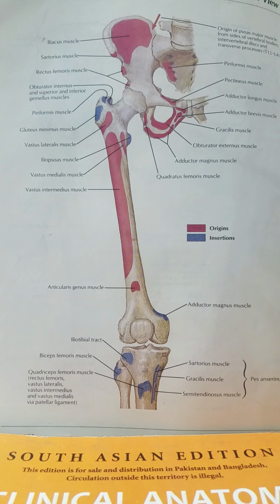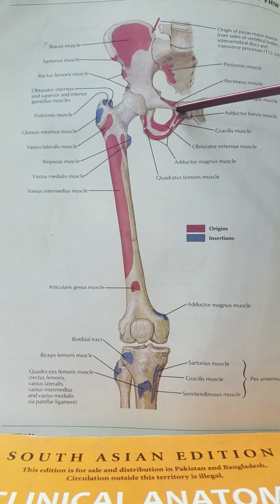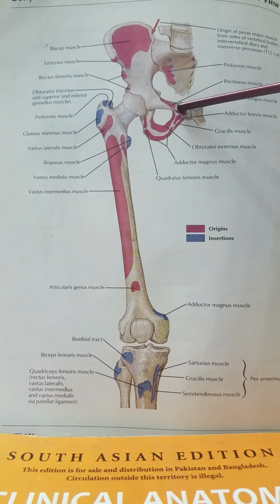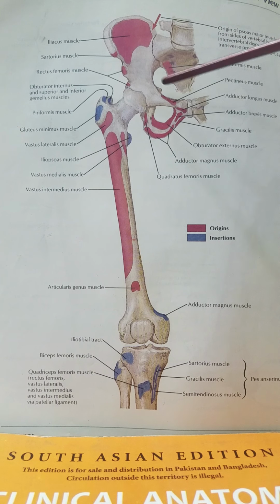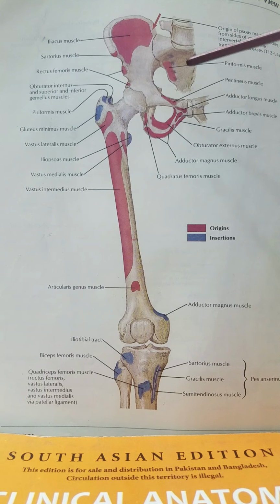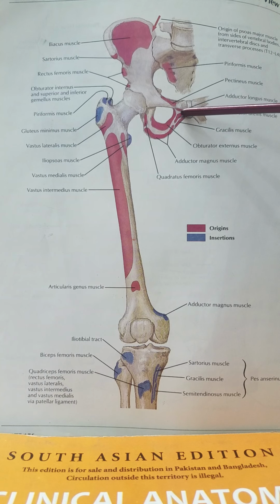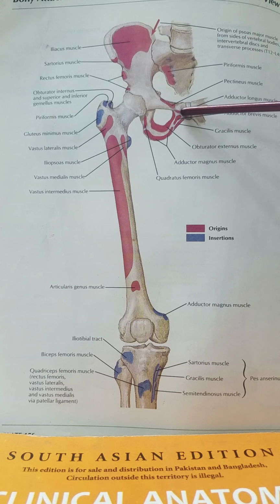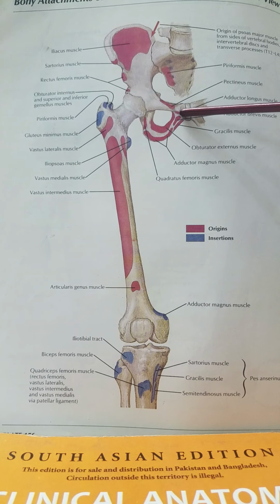Now moving on to the pubis, here is the pubic tubercle. Now on the pubic tubercle is attached the medial end of the inguinal ligament, right? And here on the anterior surface of the body of the pubis is the adductor longus muscle.